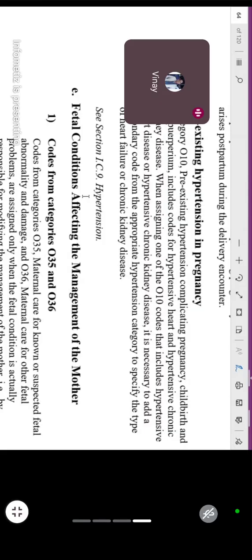Pre-existing means the patient had diabetes or hypertension and then got pregnant. So we have a different code for this. If it is pre-existing hypertension, I10 is the code for hypertension, and O10 is for pre-existing hypertension in pregnancy.